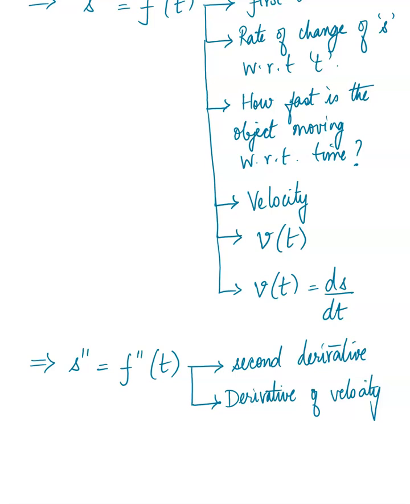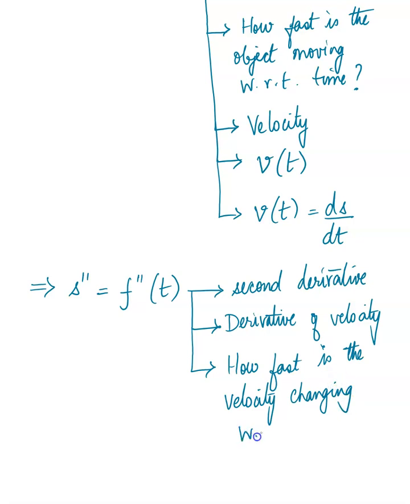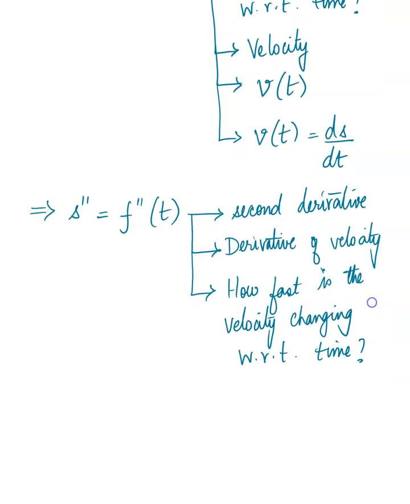So now our question, if you were to write it in regular English, we say, how fast is the velocity changing with respect to time? That's what this means. So how fast is the speed changing? Not how fast is the object changing. How fast is the speed changing? And if you change speed, what's the word for it in English? We accelerate, right? So acceleration is what you get if you took the derivative of velocity.